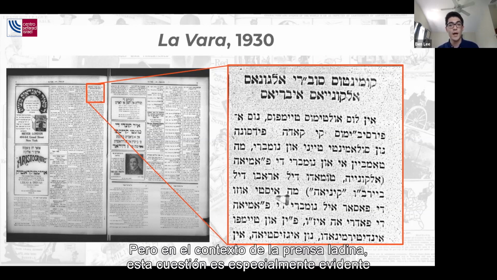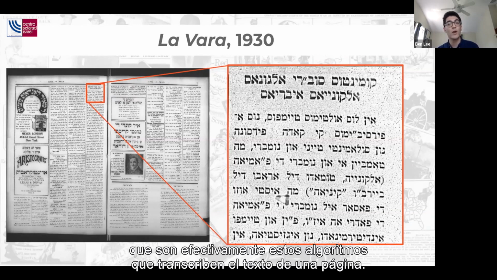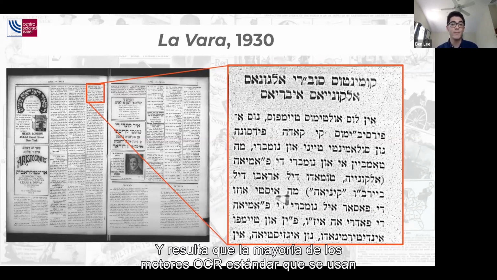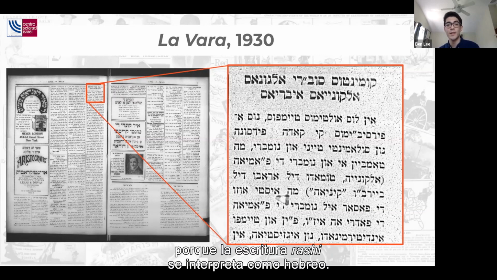But in the context of the Ladino press, this issue is particularly manifest because of the challenges of optical character recognition, or OCR for short, which is effectively these algorithms that can transcribe text on the page. What we find is that most of the standard OCR engines that people run will fail to transcribe Ladino properly because the Rashi script on the page is interpreted as Hebrew.